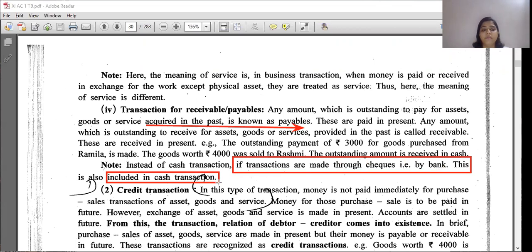Are included in cash transactions. Is it clear? Now, credit transactions. In this type of transaction, money is not paid immediately for the purchase or sale of goods and services. Money for those purchases and sales is to be paid in future. You are going to pay in future.